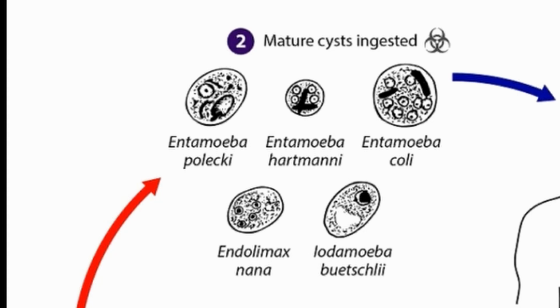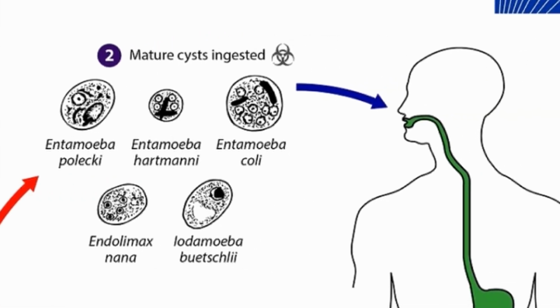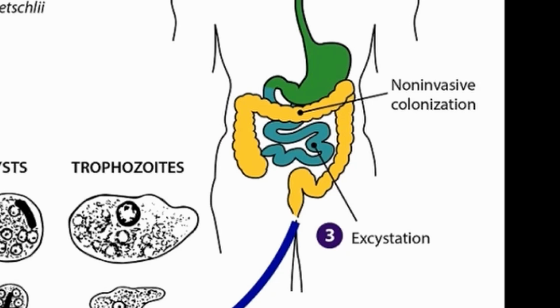You have your Entamoebas polecki, hartmanni, and coli. These are all acquired through ingestion of food or water sources contaminated with the cysts of these parasites. They inhabit the large intestines, but since they are non-pathogenic, they do not cause human disease. Humans pass out cysts or trophozoites of these protozoans in their stools.